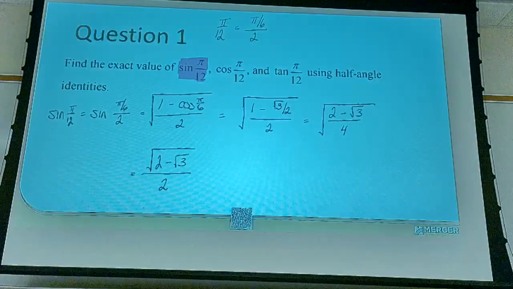Square root of 4 is 2. Sine pi over 12 is square root of 2 minus square root of 3, all over 2.